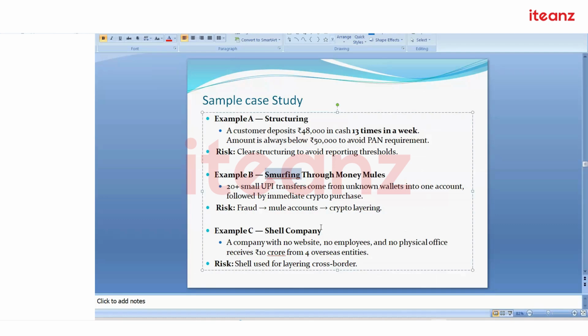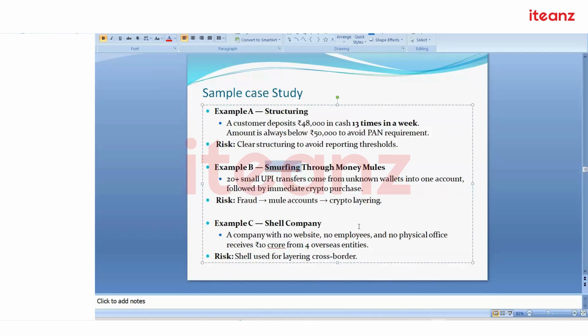Then you have shell companies. Shell companies exist on paper only, but physically there is no office of the company. These are some examples I'm giving. There are many more words like this, and in banking language these words are very important.